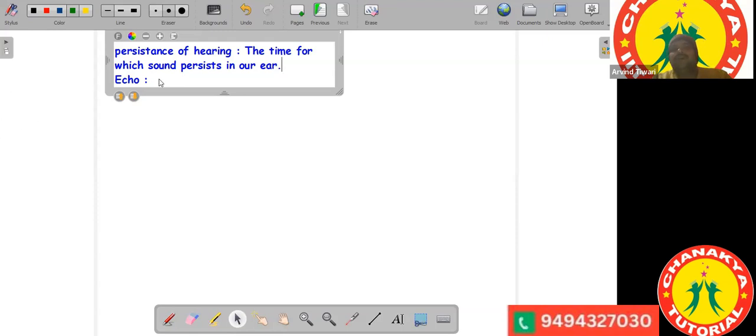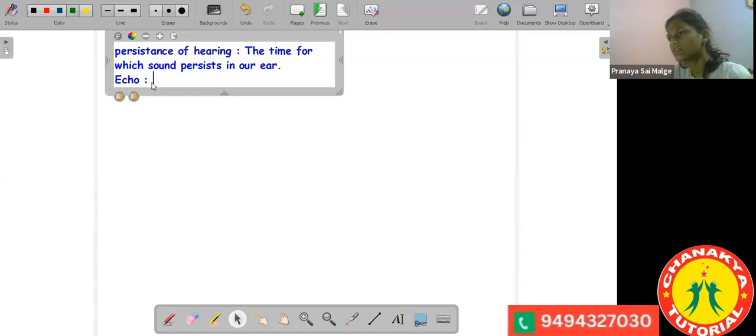Okay. So on this basis, in a similar way, can you tell me what is the persistence of sight? If you see anything, for how long will it remain on the retina of the eye? Tenths of a second.